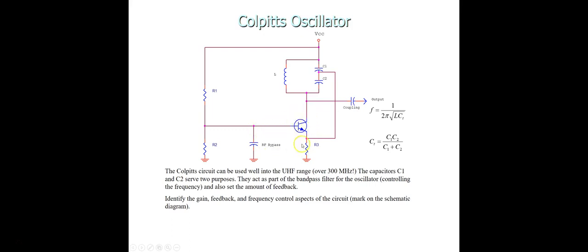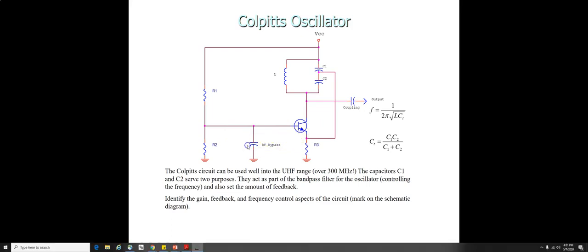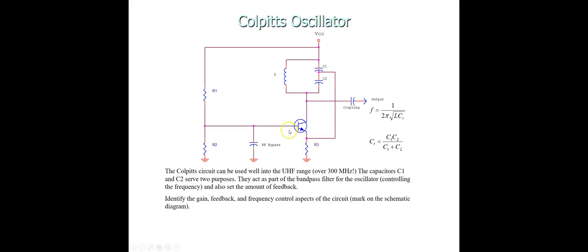But this circuit is a little bit different. There are actually no AC signals being applied to the base of the circuit. This time the transistor is operating as a common base amplifier, where the output lead is connected through the collector and the input lead is connected through the emitter.